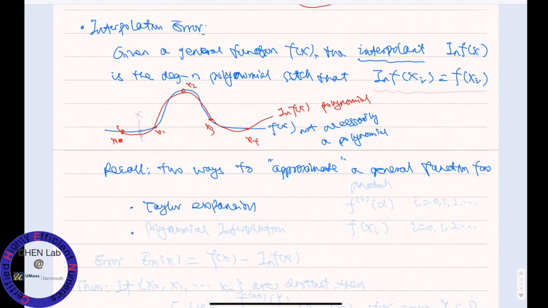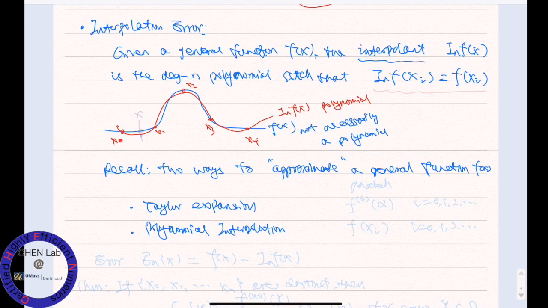Two is polynomial interpolation. That's where the keyword interpolation comes in. You're going to find the polynomial. Again, they're both polynomials, but they're very different. Here, we just make sure it recovers the function value at a whole bunch of points. Over there, it matches the derivatives.